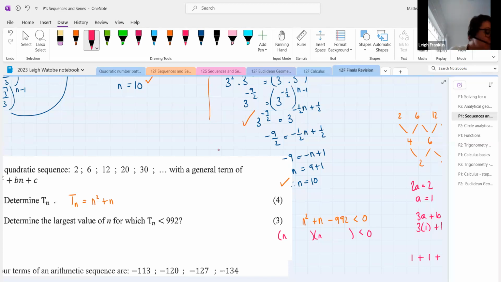Anybody get critical values here? Lebogang, yes, you're right, but you're not supposed to use the quadratic formula here.